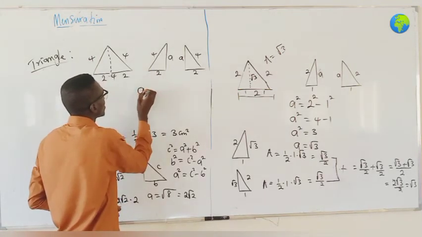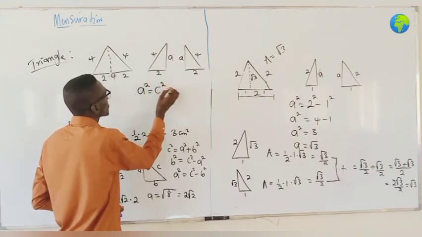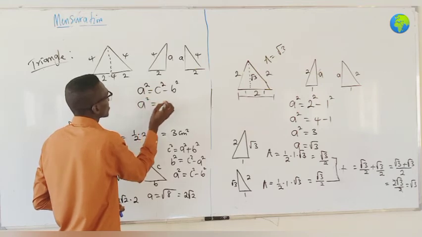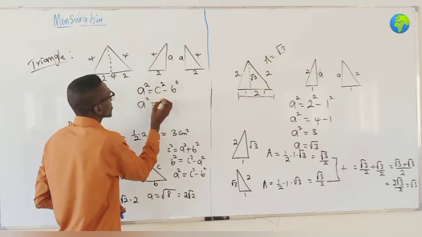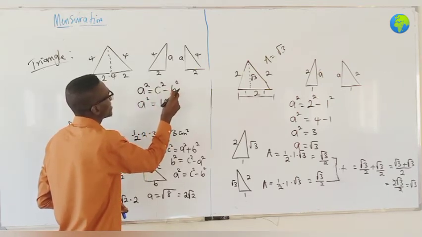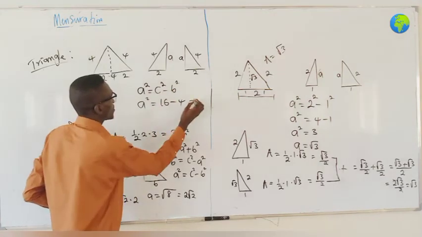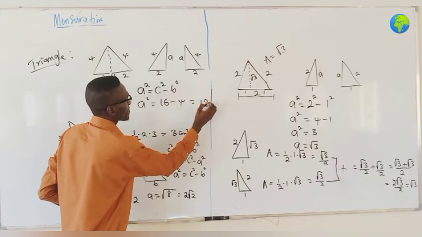Let's calculate A. A square equals C square minus B square. So our A square equals, C square is what? 4 square, which is 16, minus B square. B square is what? 4, right? Because 2 square is 4, which equals what? Is it 12? Yeah, 12.